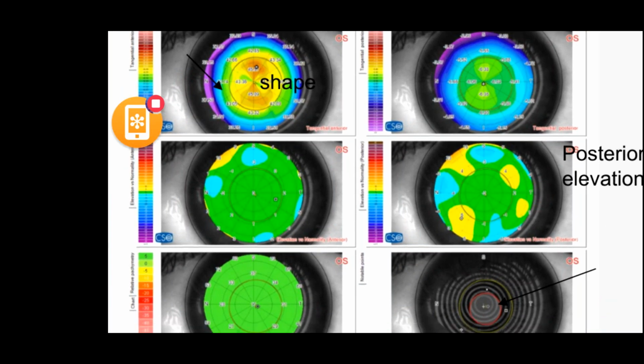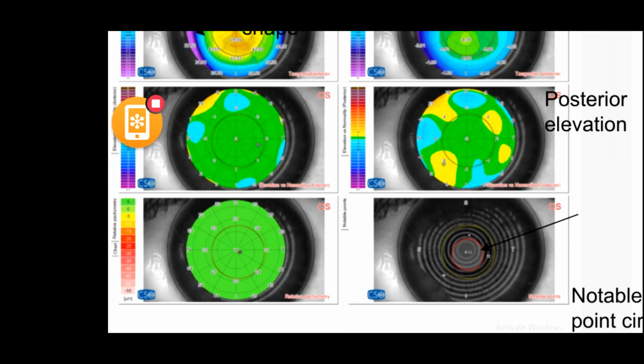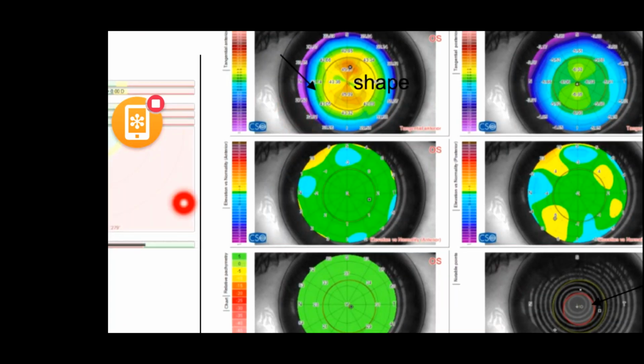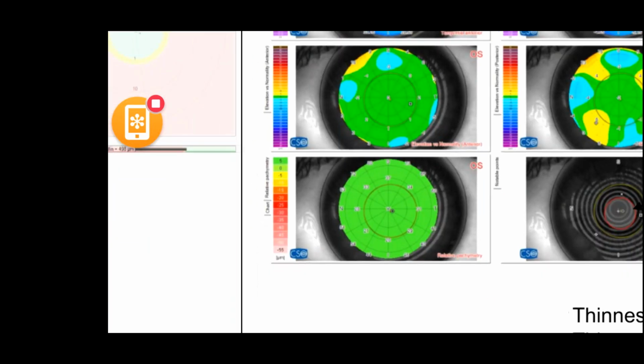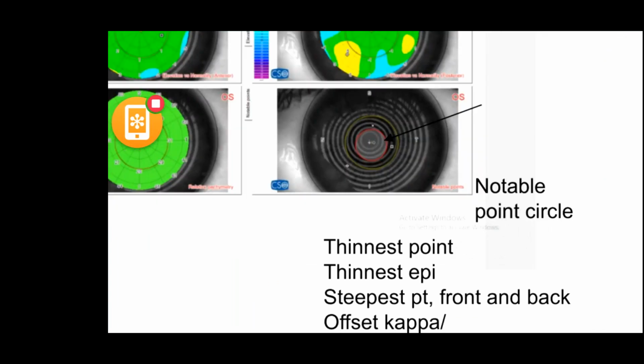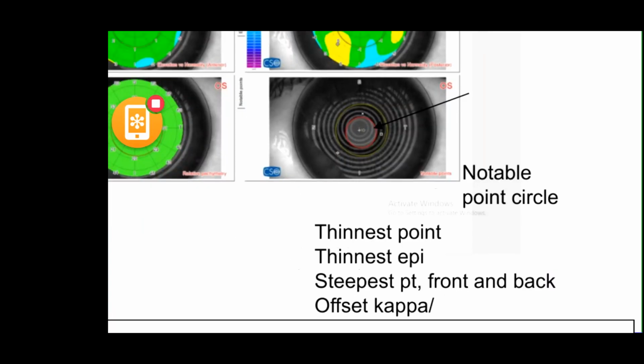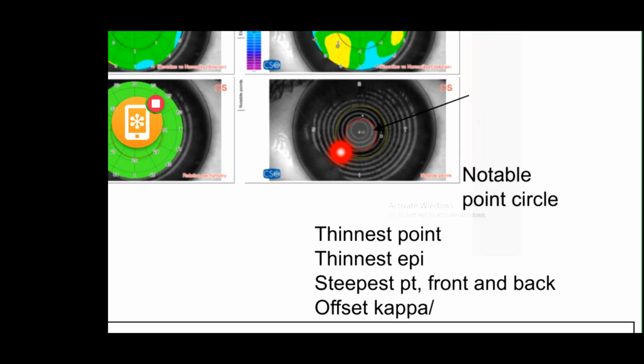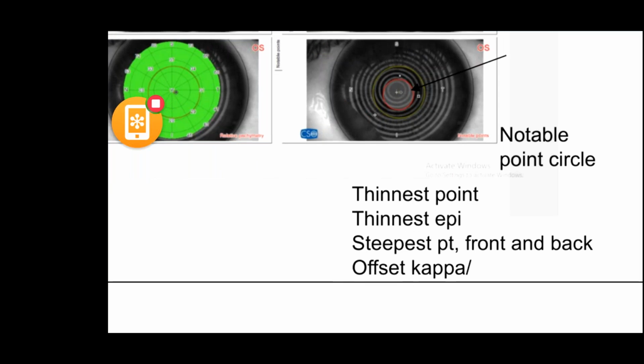This is a tangential scan. And then you compare with the normal, this is the thickness value. This is a very important circle over here. The last scan over here, you see the circle? This is called a notable point. It's called a notable point circle.